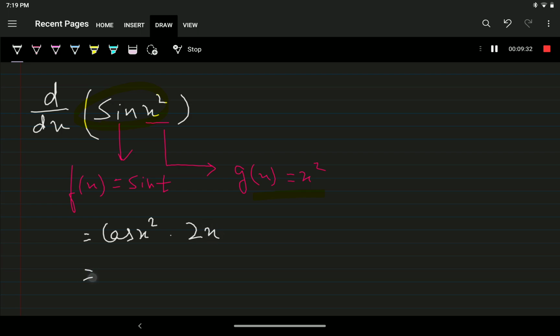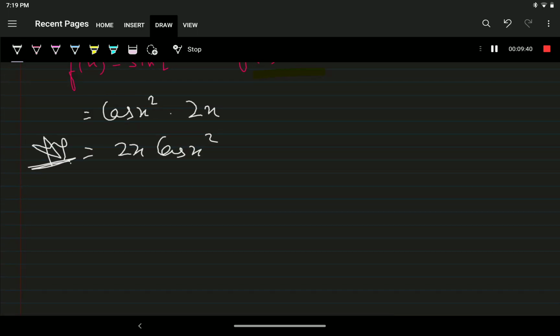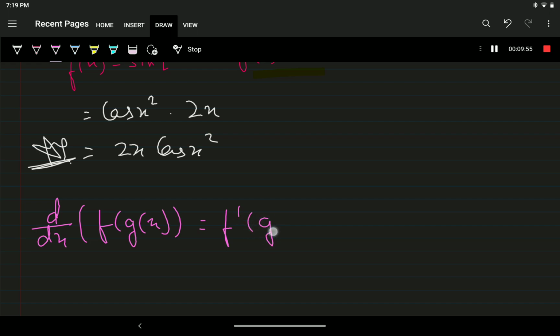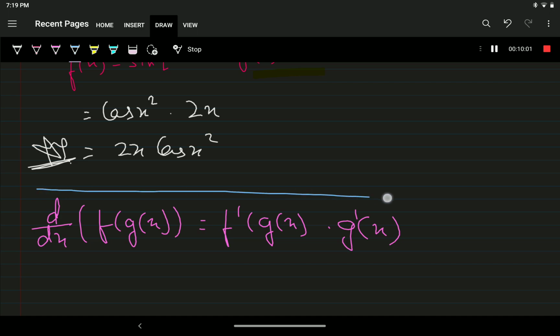So it will be 2x cos x squared. Okay, so basically the formula is d/dx of f of g(x) is f dash g(x) into g dash x.